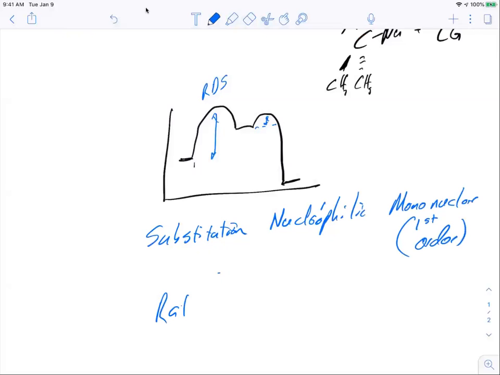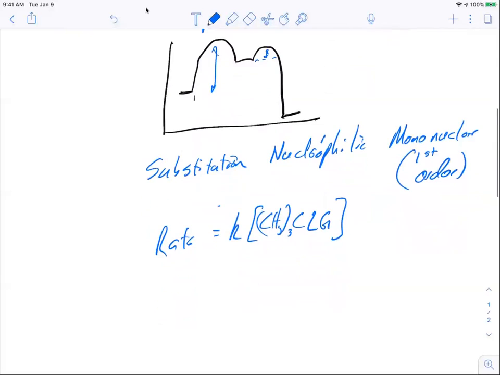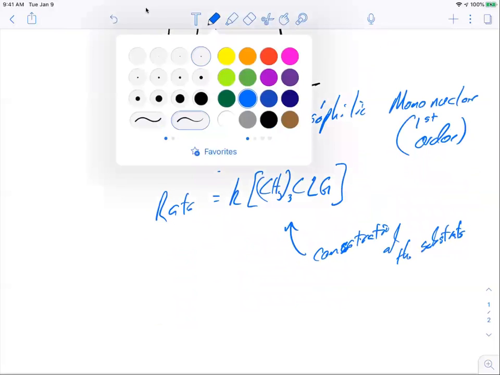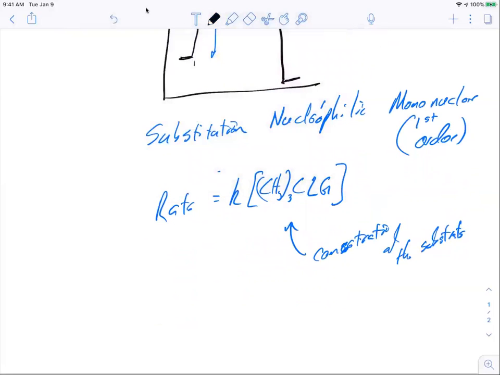The rate, because of that rate determining step, is just going to be the substrate. So the rate of reaction here, unlike SN2, is only the concentration of my substrate.